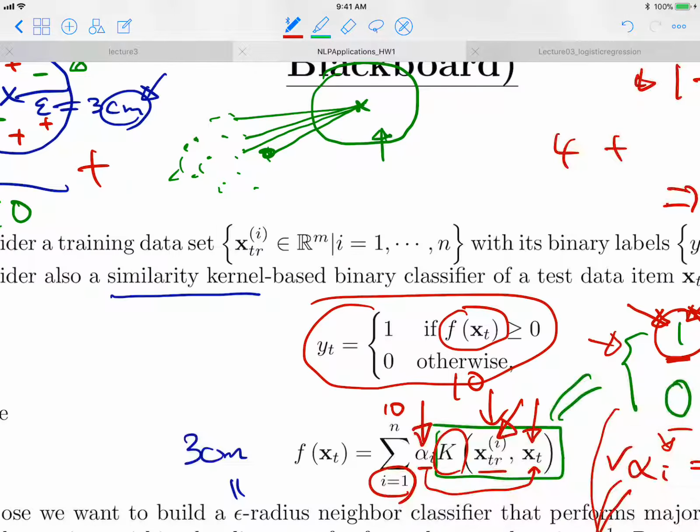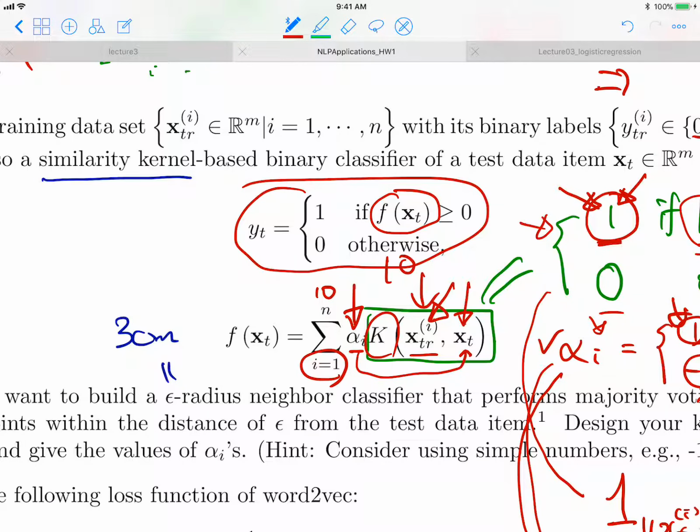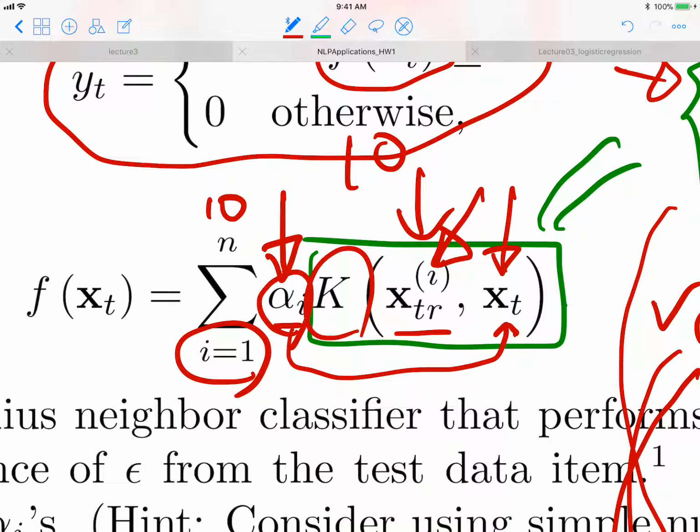And also, beyond this majority voting, we implemented the majority voting by just setting alpha i's as either positive 1 or negative 1, right? But we can also think about real-valued coefficients for them, right? And that way we can gradually get closer and closer to the kernel support vector machine.